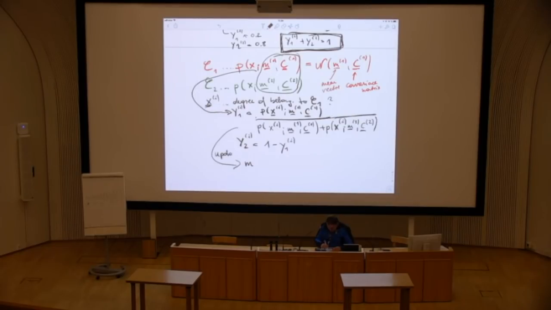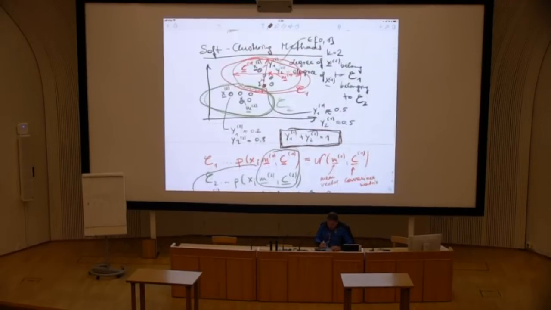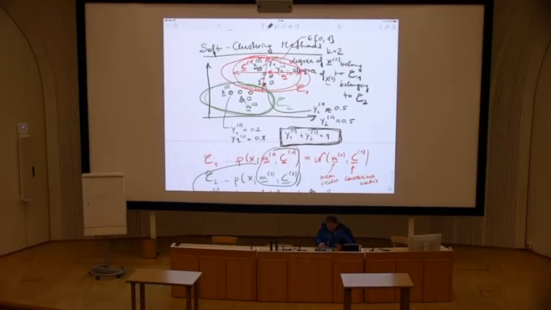Update cluster parameters, which are the mean vectors M1, M2, and the covariance matrices C1, C2. So we started with an initial guess of the Gaussian distributions. And then we evaluated how well the data points fit these Gaussian distributions.